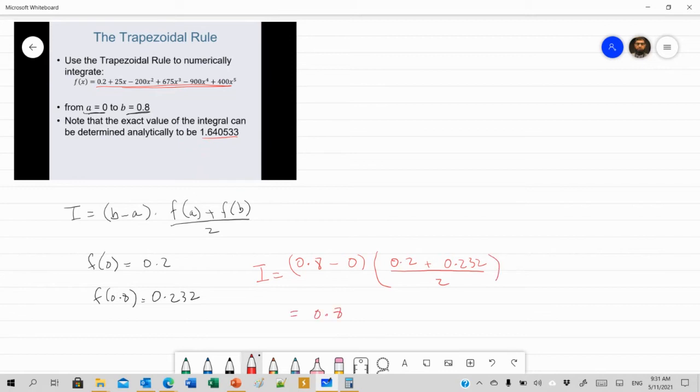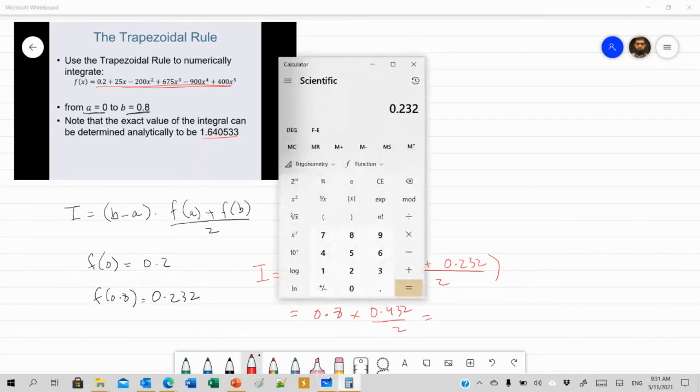So I get 0.8 multiplied by 0.2 plus 0.2, this is 0.432 divided by 2. So 0.8 multiplied by 0.432 divided by 2.